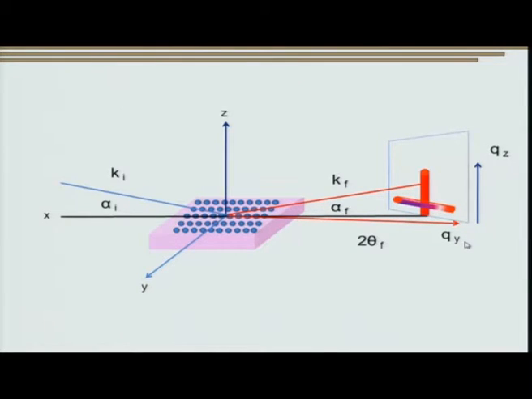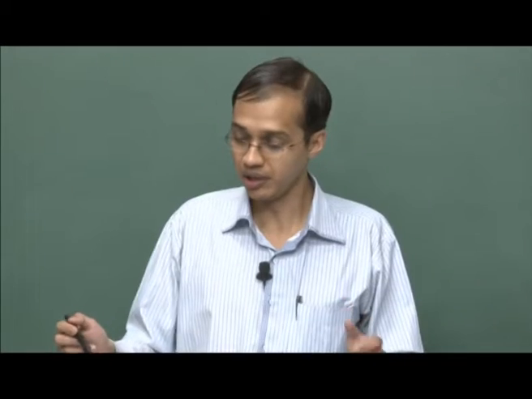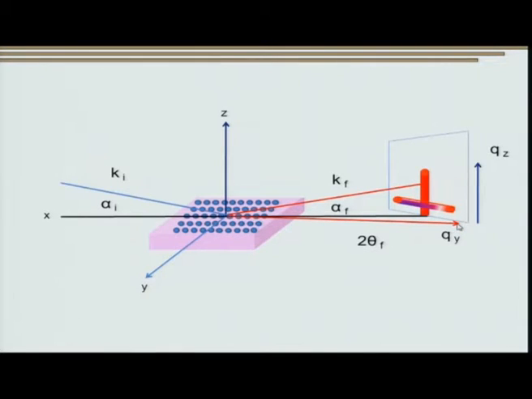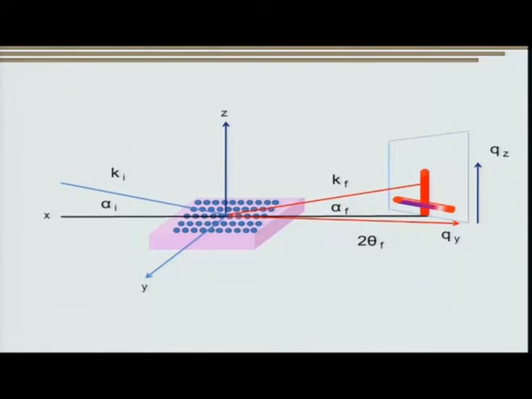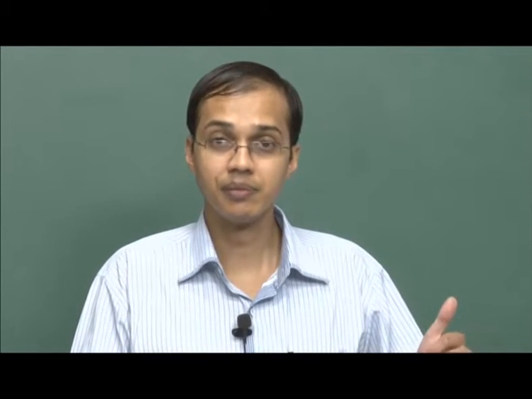You know that qy and qz will be in the reciprocal space, but qy will contain all the information corresponding to what is happening in the two dimensions of the plane, while qz will consider all the information in the reciprocal space in the direction normal to the surface of the substrate.